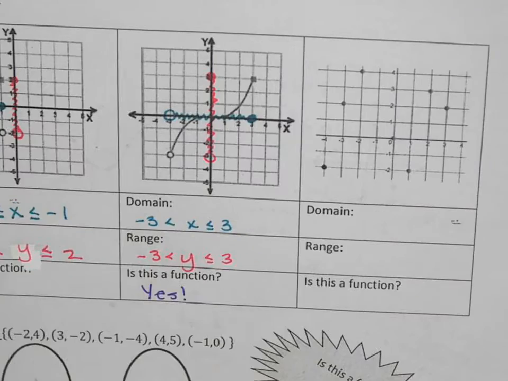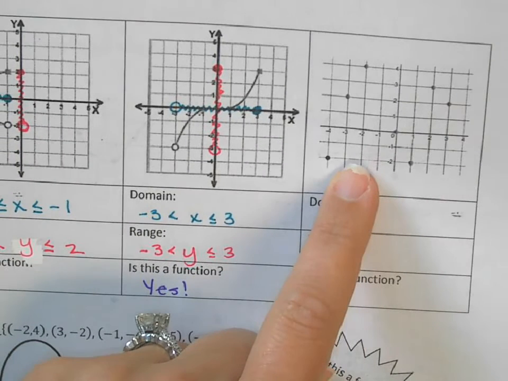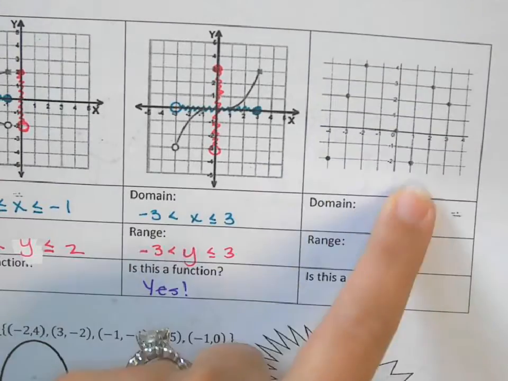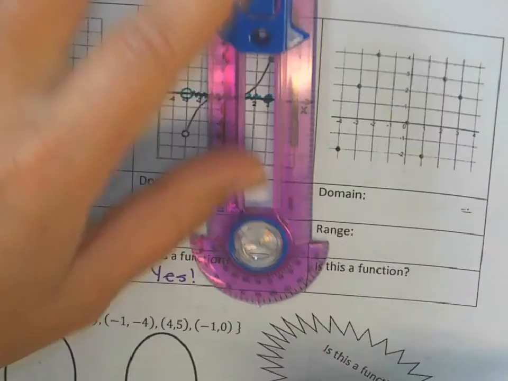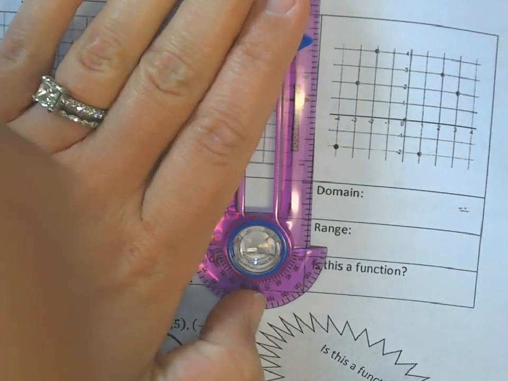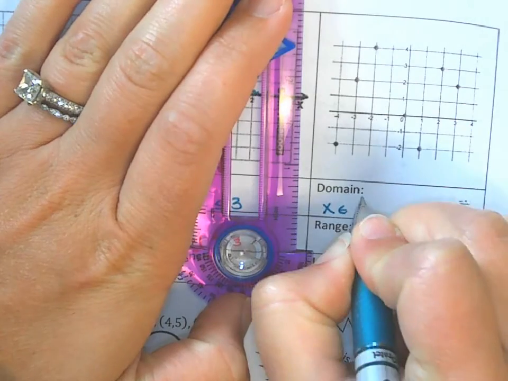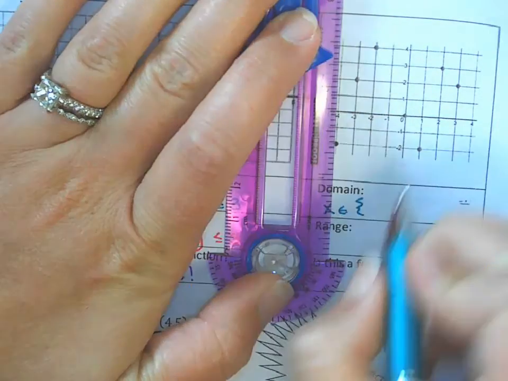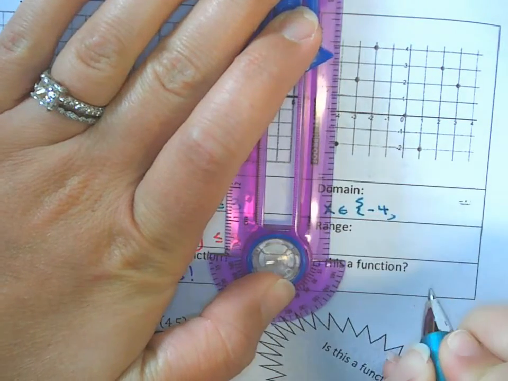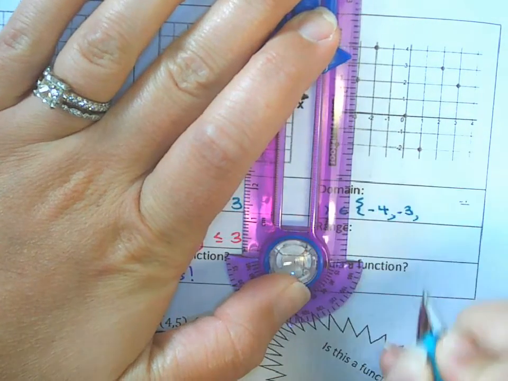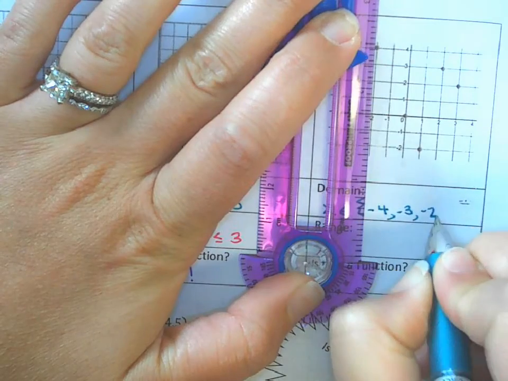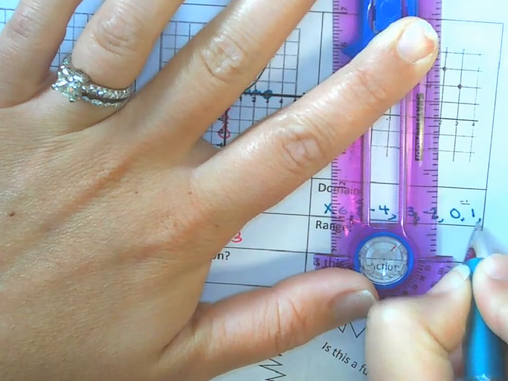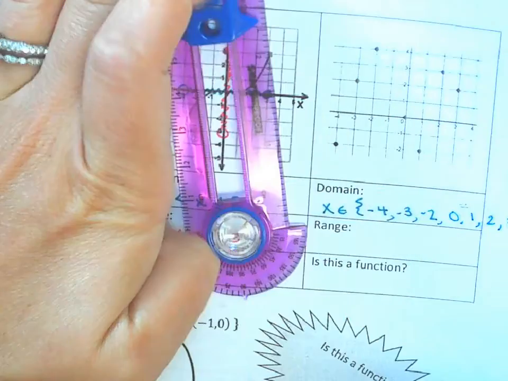All right. This next one, this one's a little bit easier. These are just points, so you could go through and write out each coordinate point. Or what I like to do is I say x is an element of, and I just use a straight edge and say, okay, it hits it here, that's at -4. And it already puts it in order for you. -3, -2, hits it again at 0, 1, 2, and 3.